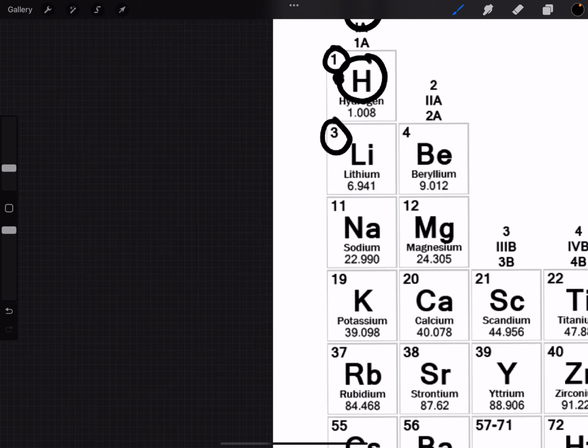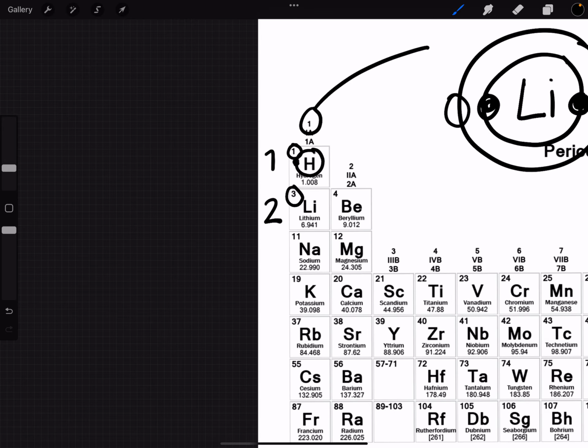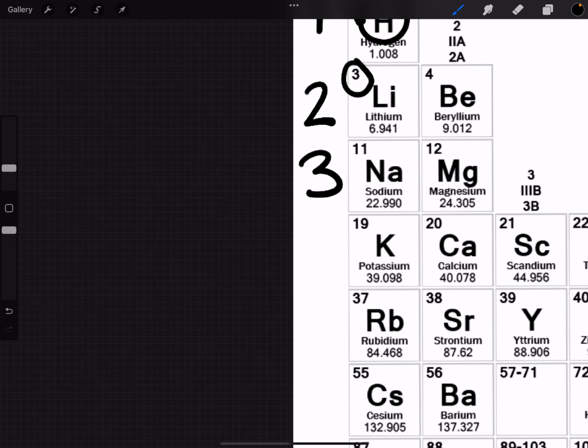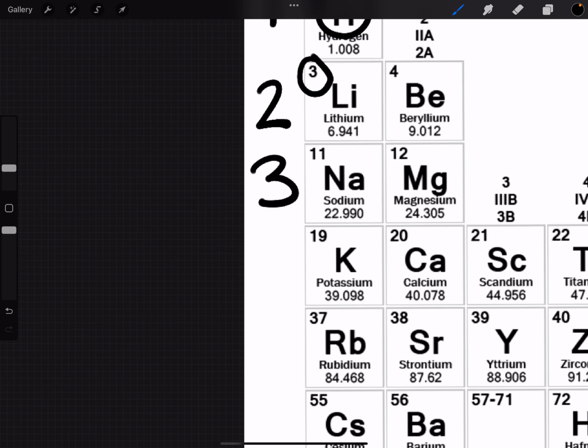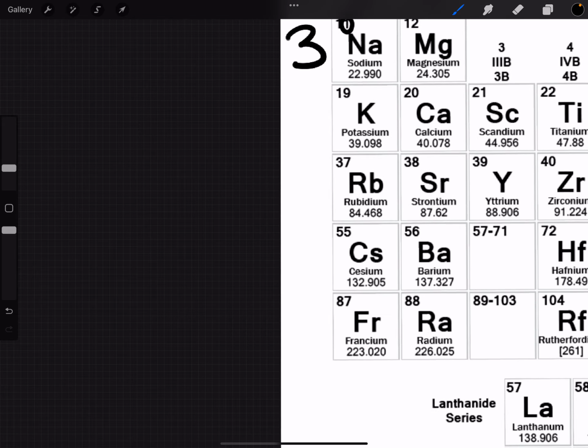Lithium has 2 rings and would look like that, with the 2 rings. Sodium would have 3 rings and 11 electrons with 1 on the outside because you always need to have 1 on the outside for this column. This one would have 4 rings, 5 rings, 6 rings, 7 rings.